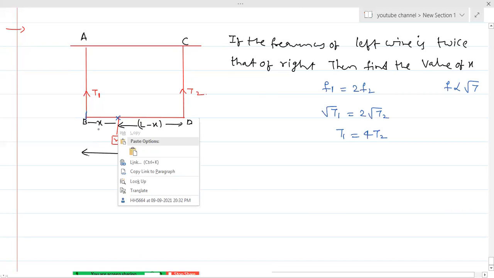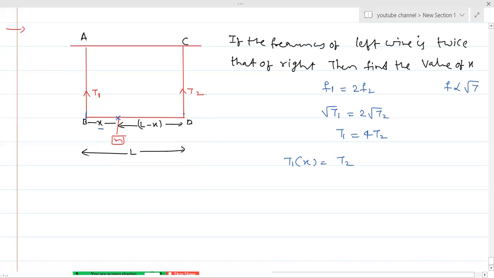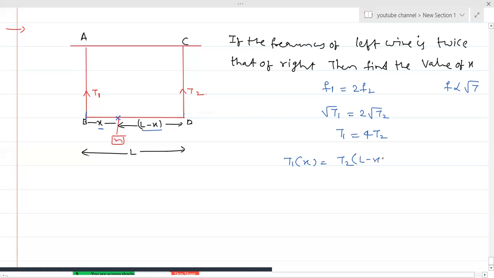So T1 into x is equivalent to T2 into L minus x, and only then will the system be in equilibrium. If T1 is equivalent to 4 T2, then 4 T2 into x is equivalent to T2 into L minus x.